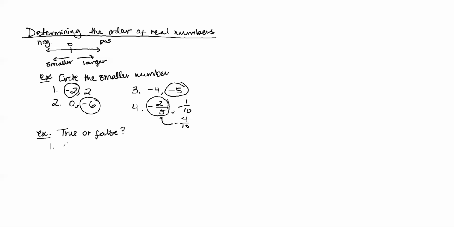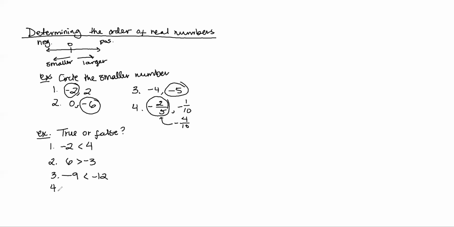So number 1, -2, this symbol, 4. Number 2, 6, pointing to the right, -3. Number 3, -9, pointing to the left, -12.